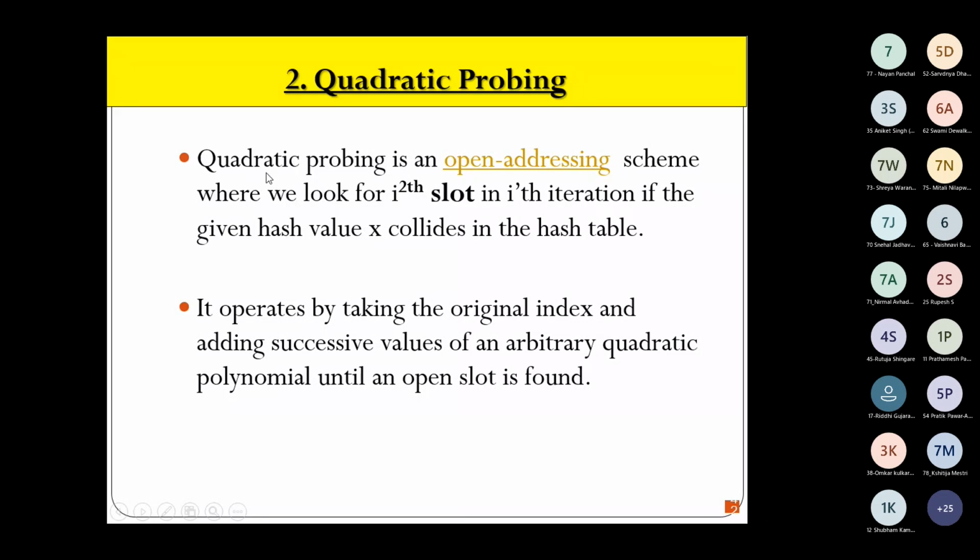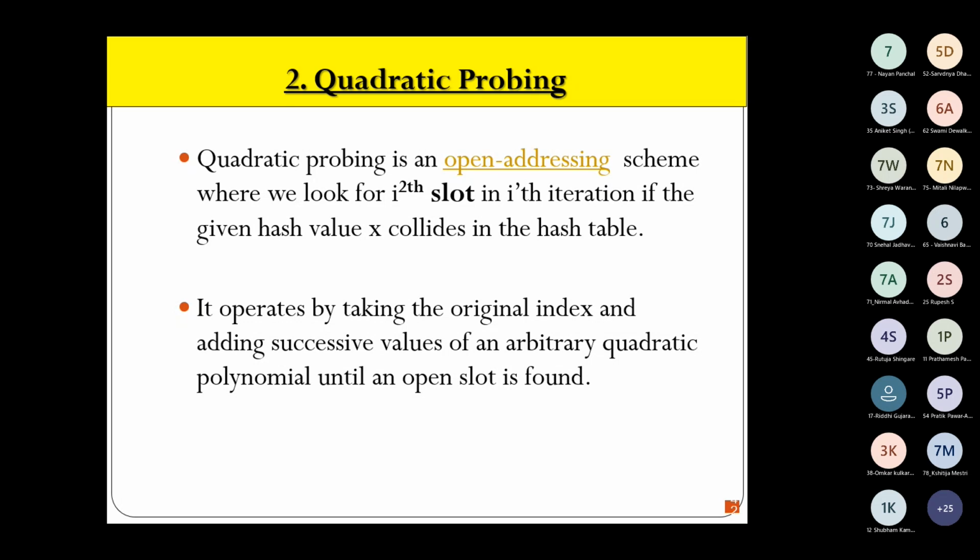In that case we use quadratic probing where we look for the i squared slot. Instead of increasing i by 1 in linear fashion, we will be doing the increment in i by degree 2. That is, the i squared slot will be checked.